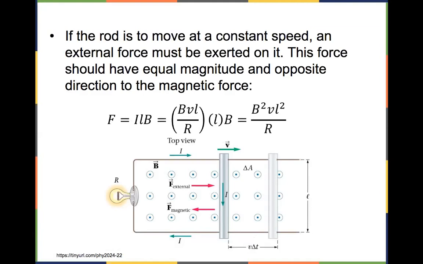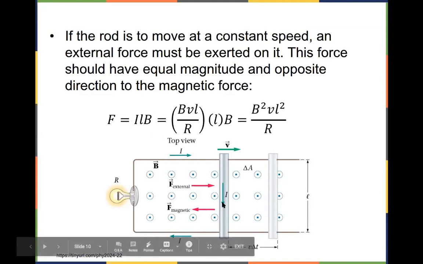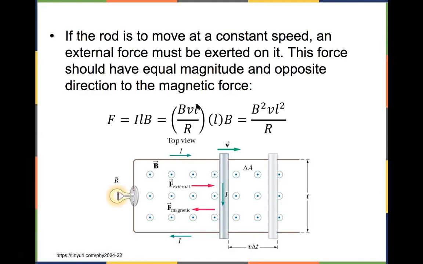So I L B. Now I in the rod should be equal to epsilon across the rod divided by the resistance in the circuit. R is the resistance. This is the induced EMF we just checked in the previous slides.